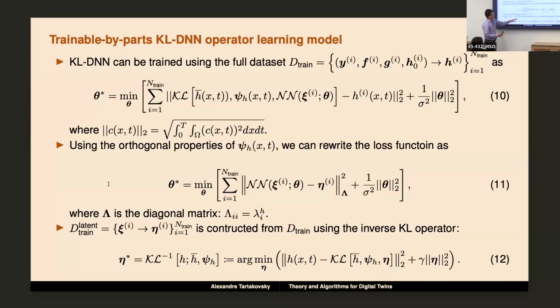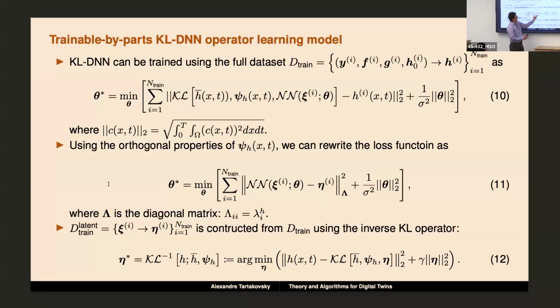Right, so this is the weighted norm of a vector, which is the difference between our neural network prediction as a function of xi and the reference value of eta from our training data set; I will talk about that training data set that we need to evaluate this loss function.